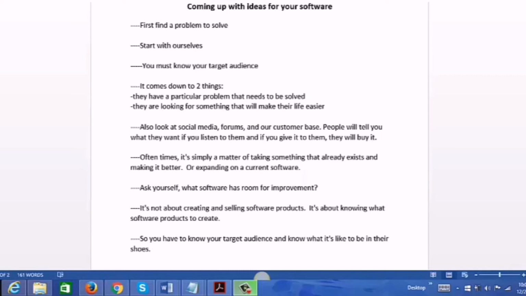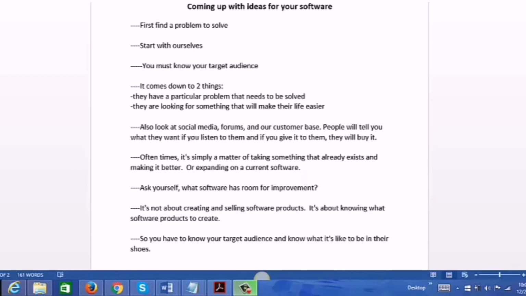You can also look at social media, forums, and your customer base to get an idea of what types of problems your customers or potential customers have and what they're willing to pay for. Because most of the time, people will tell you what they want, and if you give it to them, they will buy it. And oftentimes it's simply a matter of taking something that already exists and making it better, or expanding on the current software.